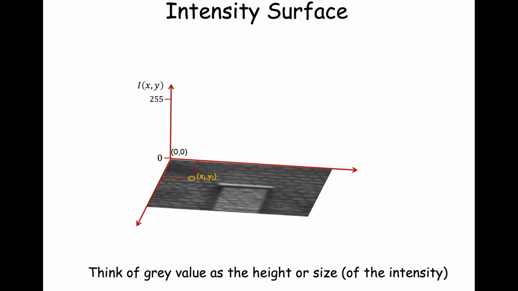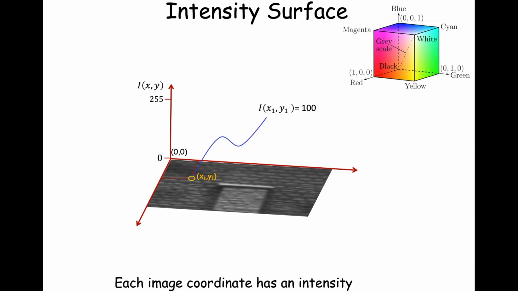Let's think of these gray values, these intensities returned by the intensity function for the image, as the height or the size of the intensity. For image coordinates x1, y1, it has an intensity value, and let's imagine that it's 100. To jog your memory again, for a gray level image, each of these intensity values represents an equal mixture of red, green, and blue.